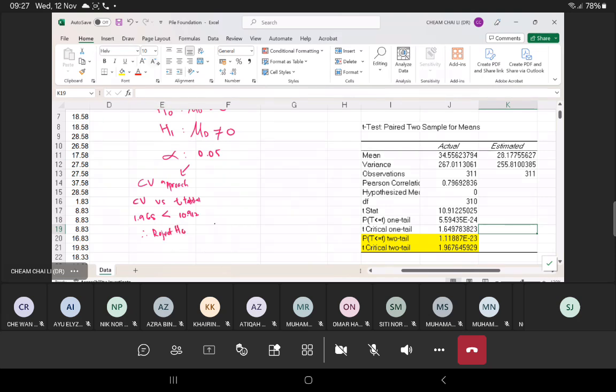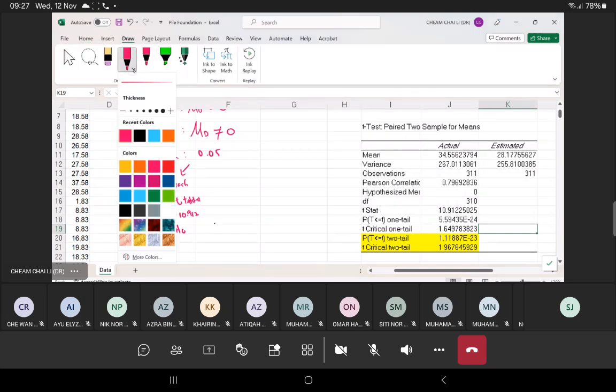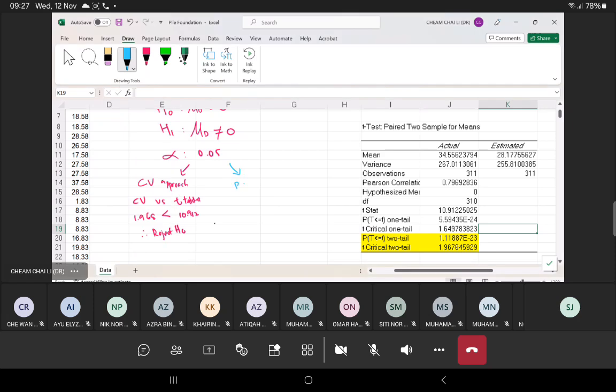Okay, if you are asked to use the p-value approach, right? So you compare your p-value with alpha 5%, your p-value two tail.